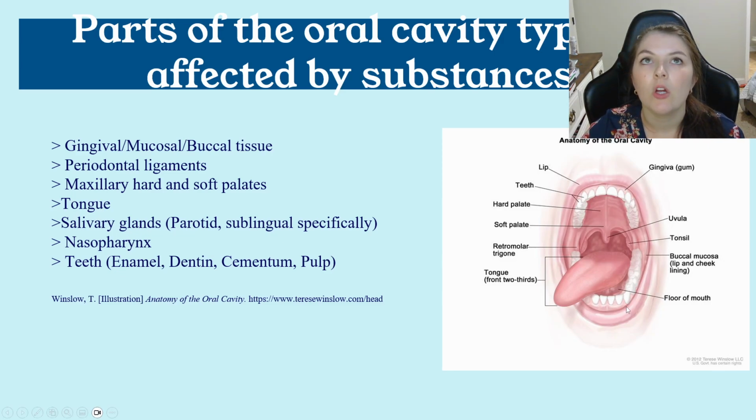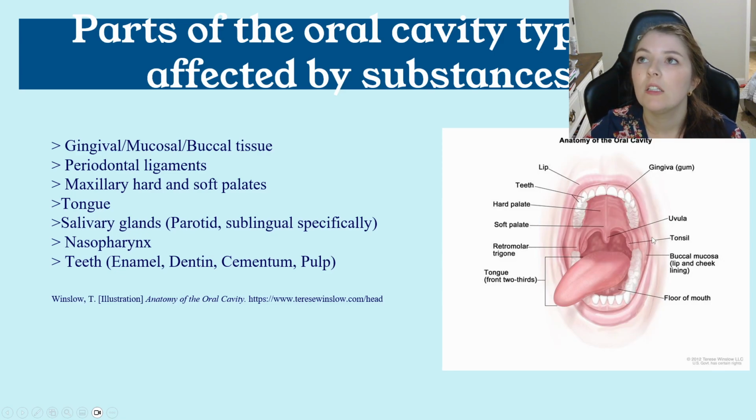The maxillary hard and soft palate, maxillary meaning maxilla, which is the upper jaw. This is the hard palate here in between the teeth. When you press your thumb into the roof of it, it feels hard. The soft palate is here in the back of the throat where the uvula hangs from, that little punching bag back there. We have the tongue, the salivary glands. There's only two that we are going to talk specifically about today.